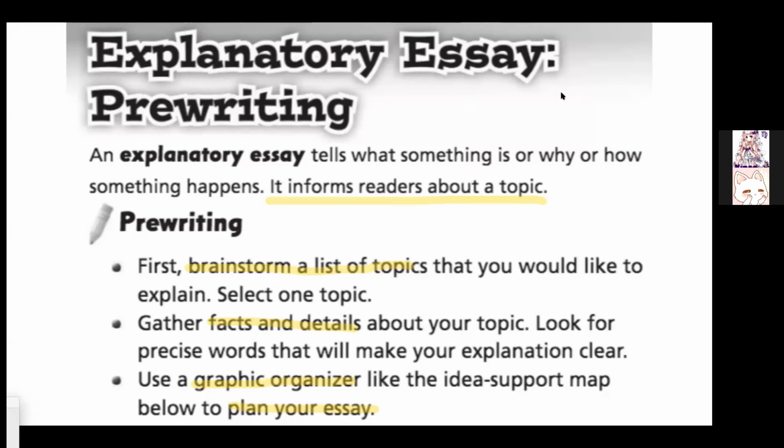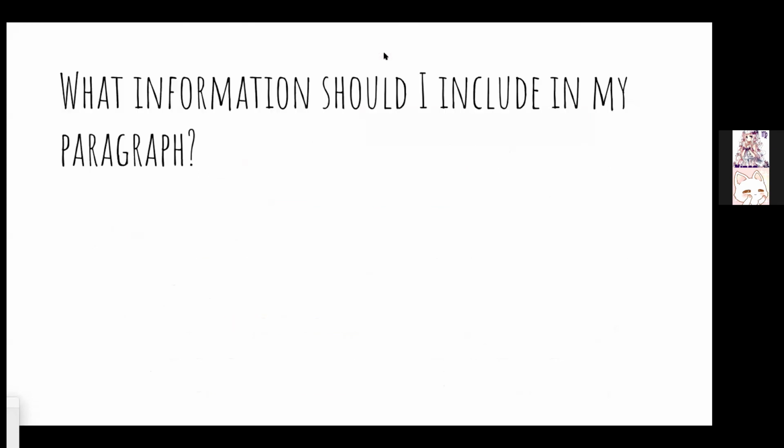All right, so when we are writing our plan for an explanatory paragraph, we need to think, what information should I include in my paragraph? So you can ask yourself questions, and then the answers to these questions will be facts and details that you can include in your essay. So a good question to ask is what?